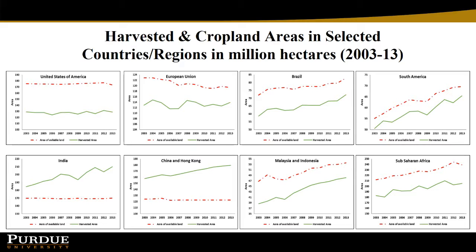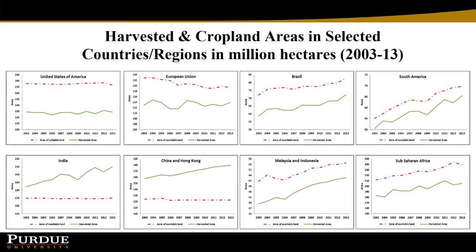As you can see here, that's a long time period, 2003 to 2013. We have a big jump in biofuel production in that time period. You can see roughly there is no major change in harvested area in the US, just some fluctuations, and there is no major change in land cover. It's relatively flat. But you can see, for example, in Brazil or South America, both harvested area and cropland going up.